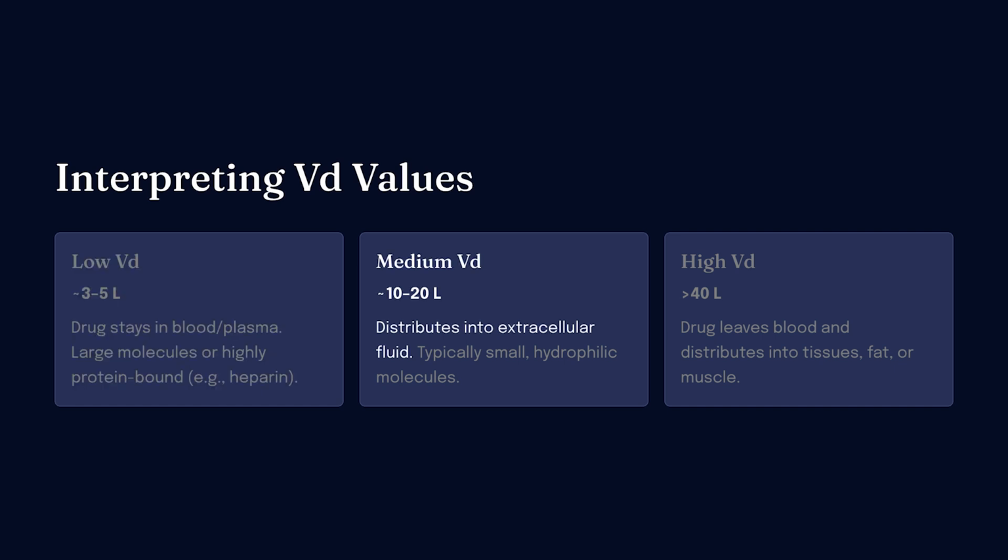A medium VD, around 10 to 20 liters, suggests distribution into the extracellular fluid and is commonly seen with small, hydrophilic molecules. A high VD, greater than 40 liters, means the drug has extensively left the bloodstream and distributed into tissues, fat, or muscle. Thus, the higher the VD, the greater the extent of tissue distribution.